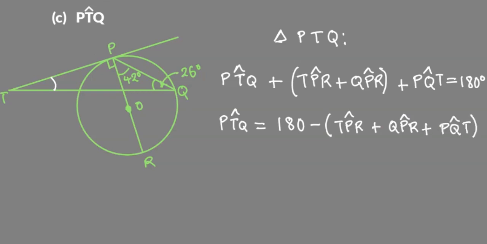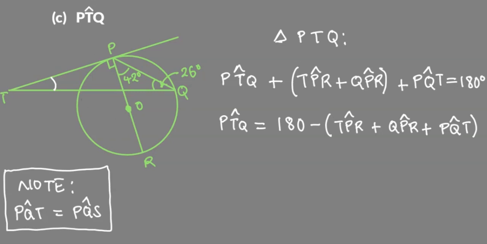In this question, you must note that the angle PQT that we are referring to is equal to the angle PQS. Point S is the point here, so that's what makes them equal. Continuing with our working here, TPR is 90, QPR is 42, PQT is 26.